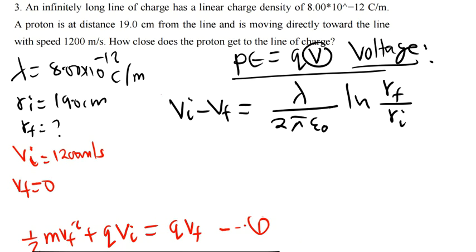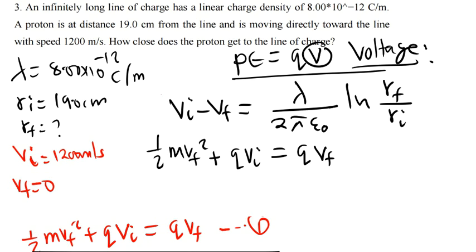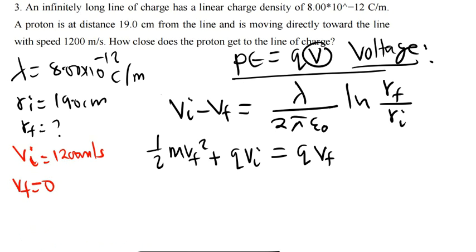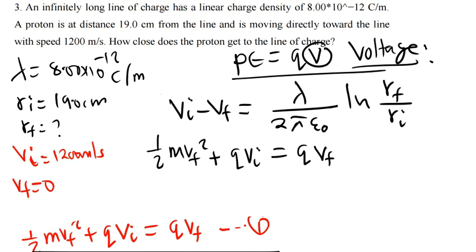We have half m v final squared plus q v initial equal to q v final. What I'm going to do is shift this to the right hand side. It should be initial, because final has already gone.